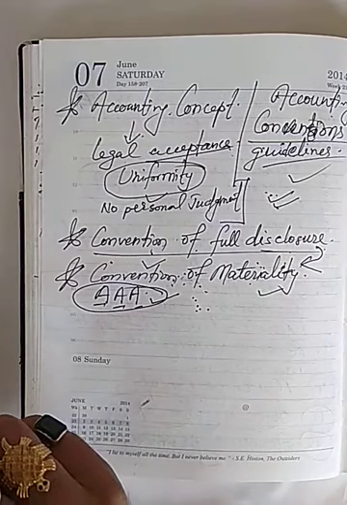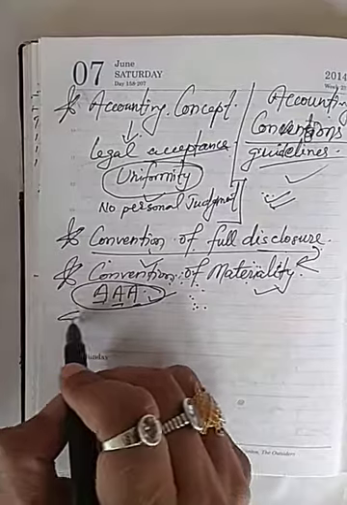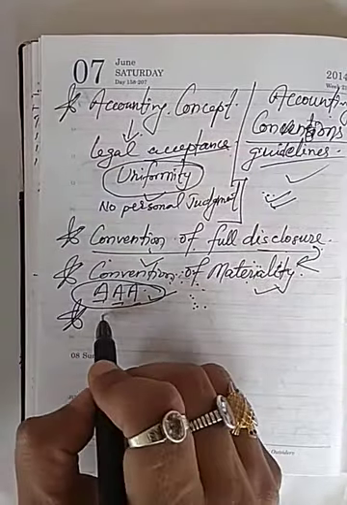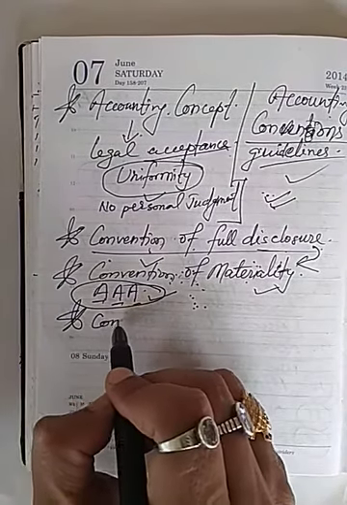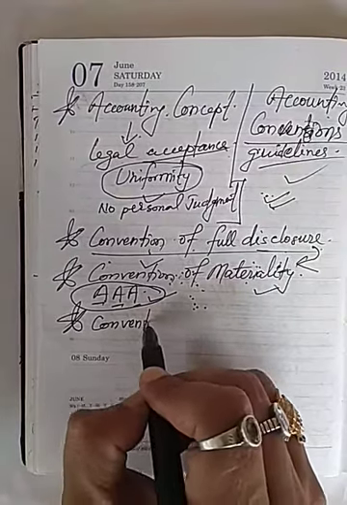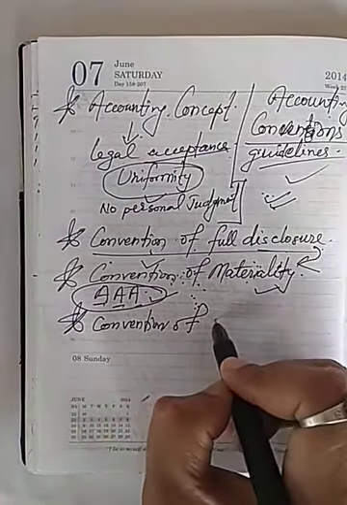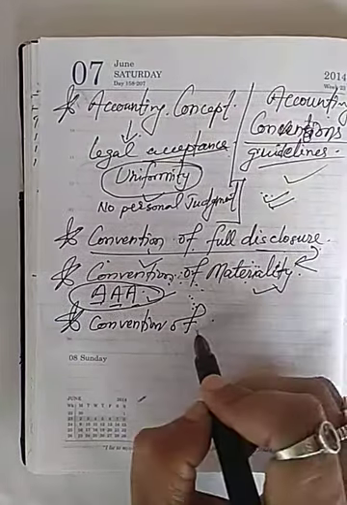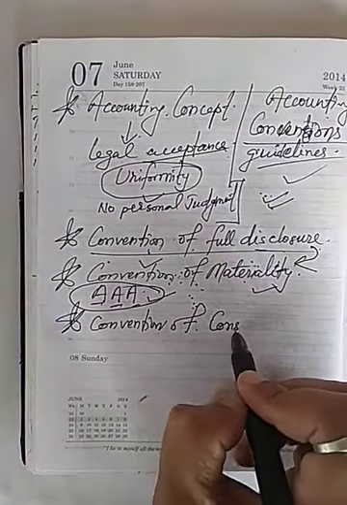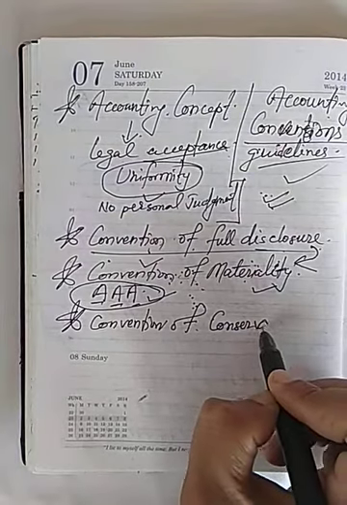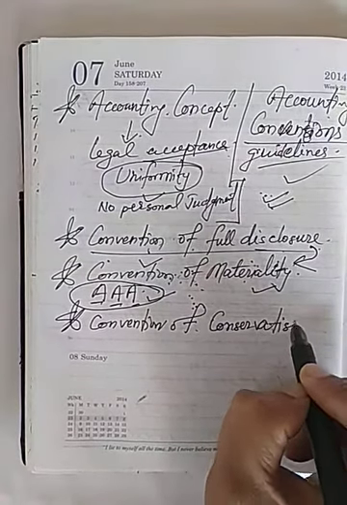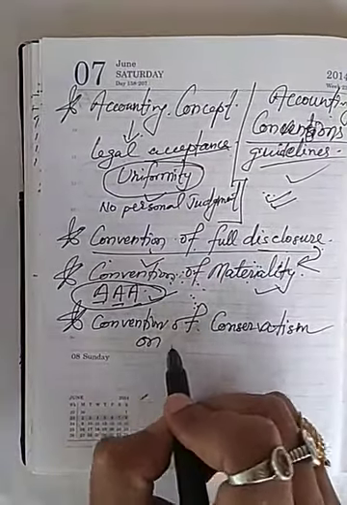Now, the last convention is the convention of conservatism, or prudence.